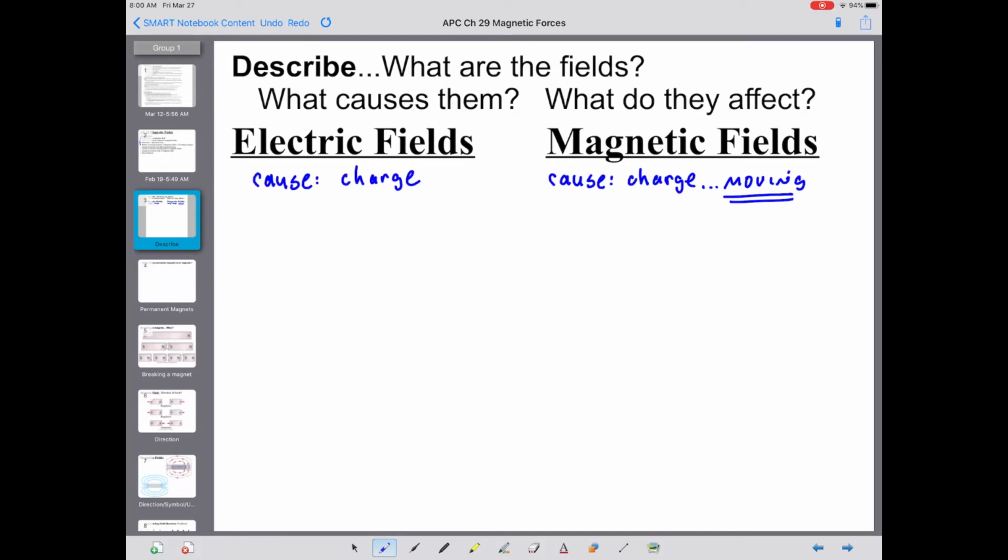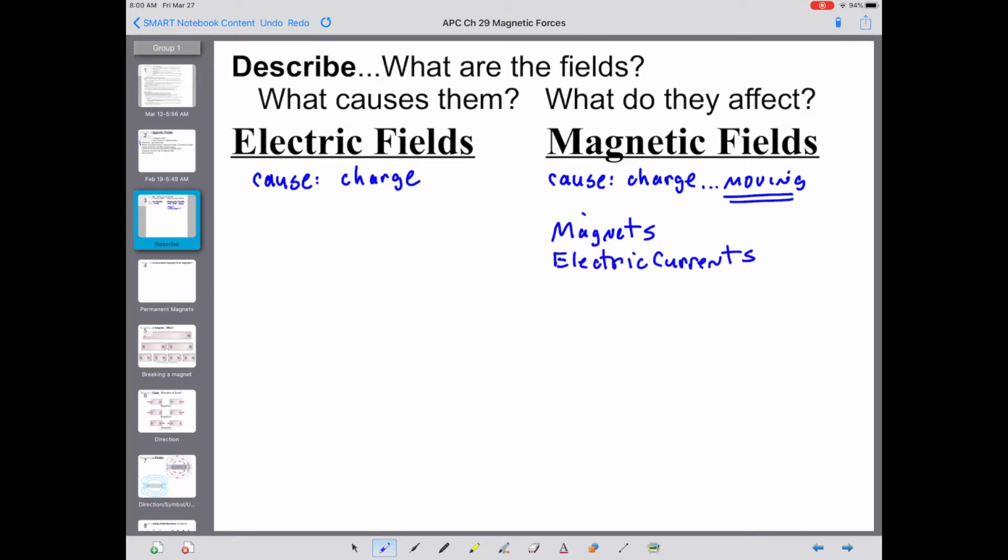So, if we consider things that produce magnetic fields, we have regular, ordinary, permanent magnets, and also electric currents, which we'll get into more detail on.